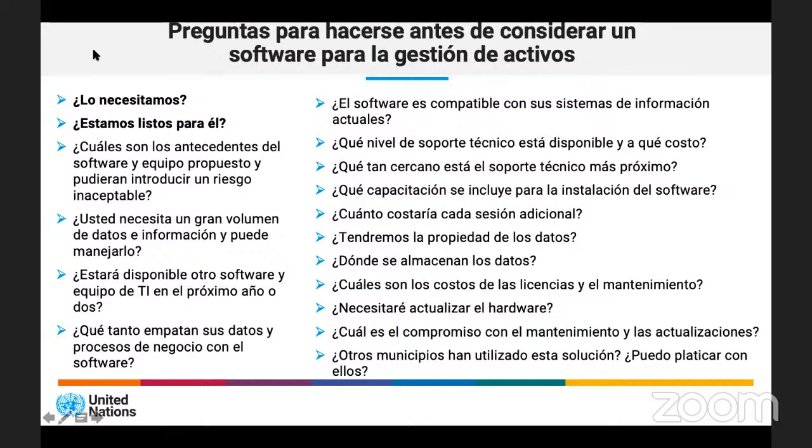Before using asset information technology, if you have a first step using Excel or a database, you should ask first: Do we really need it? Are we ready for it? Those are the two crucial questions, because these asset information technology systems are very expensive.